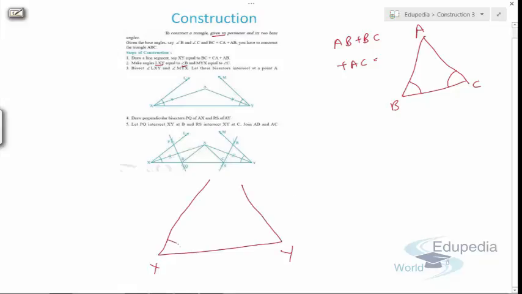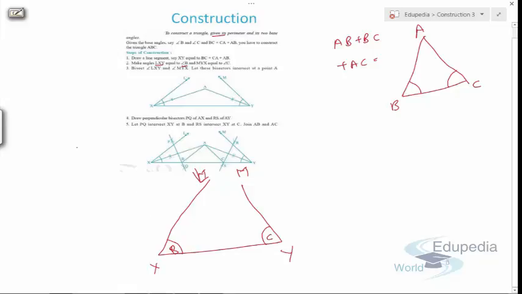So this angle is equal to B, and this angle is equal to C.